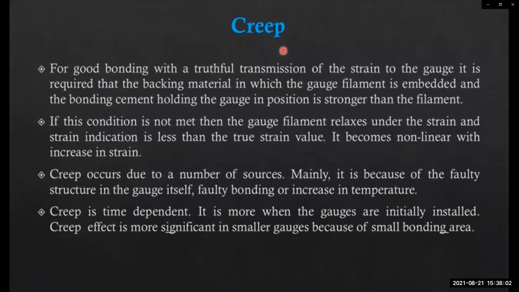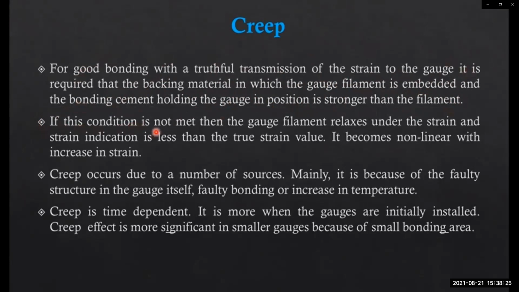Next, that is creep. For good bonding with the truthful transmission of the strain to the gauge, it is required that the backing material in which the gauge filament is embedded and the bonding cement holding the gauge in position is stronger than the filament. So always we require this type of arrangement.